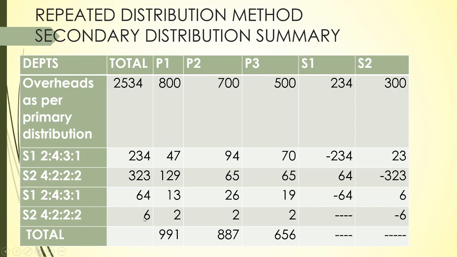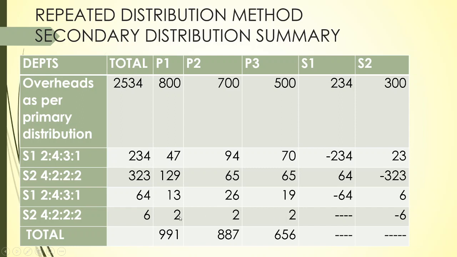Now 6 rupees in the ratio 4:2:2 will be 2.4, 1.2 and 1.2. What we will do is round this off in such a way that it becomes 2 each. So the total is 6. We have to be careful regarding the total also; the total overhead should not exceed the value. So it is 2 for P1 department, 2 for P2 department and 2 for P3 department.